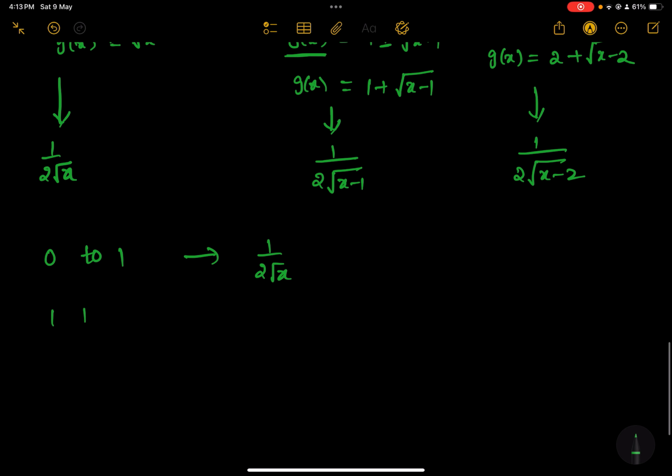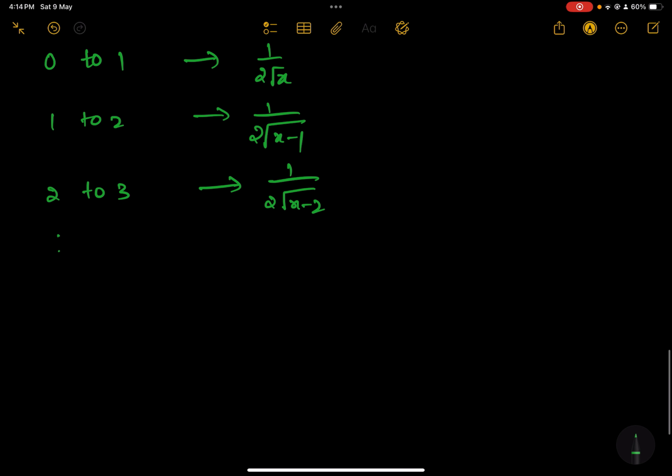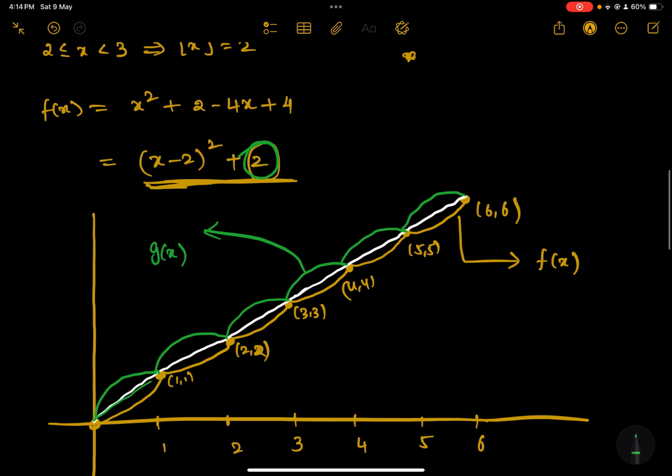In the interval 1 to 2, g dash of x is 1 by 2 root x minus 1. In the interval 2 to 3, it is 1 by 2 root x minus 2, and we have to go till 100. So in the interval 99 to 100, g dash of x will be 1 by 2 root of x minus 99.